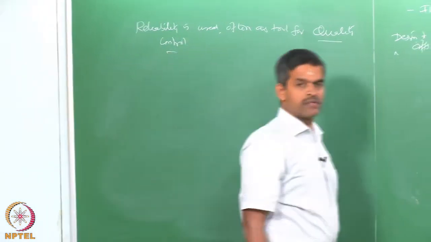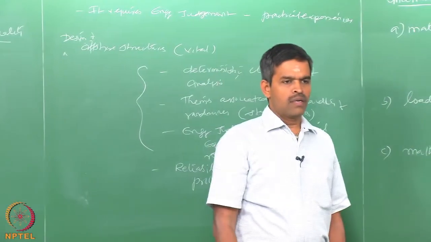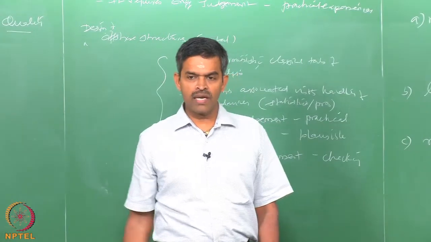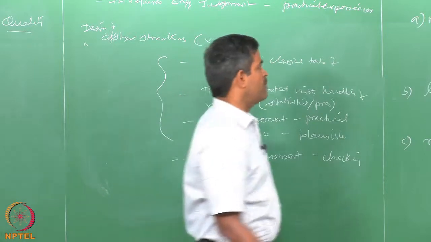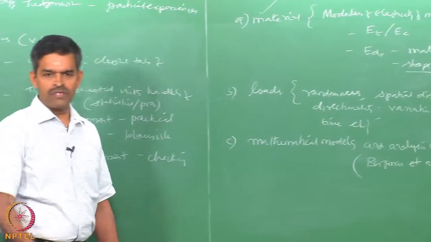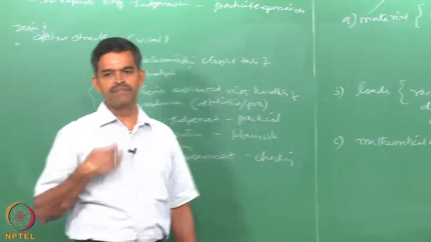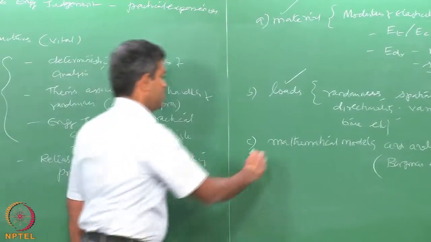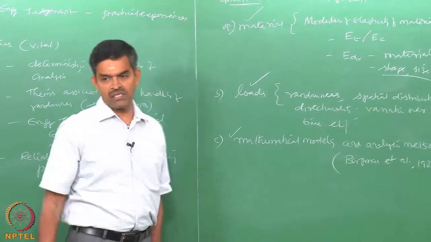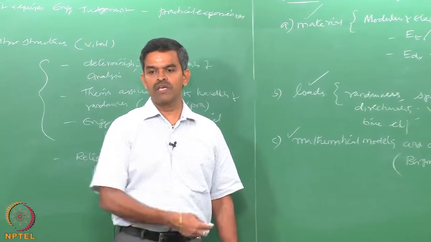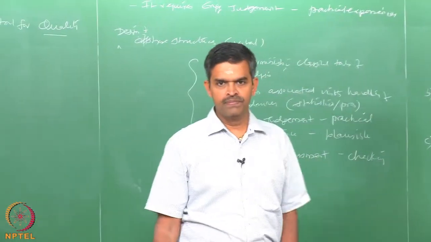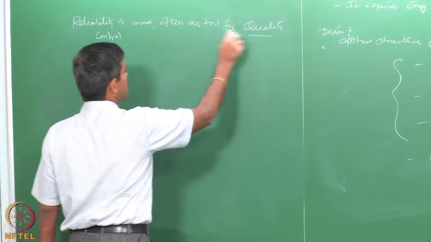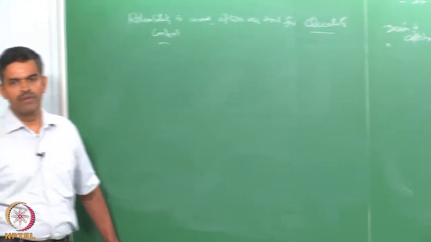Because this is related to decreasing the degree of uncertainty influence on the design and randomness, which may come from material choice, selection, type, grade, loads, and mathematical modeling and statistical methods of analysis which have been used in the whole theory of formulating the problem. So, reliability is actually referred to as a tool for quality control.